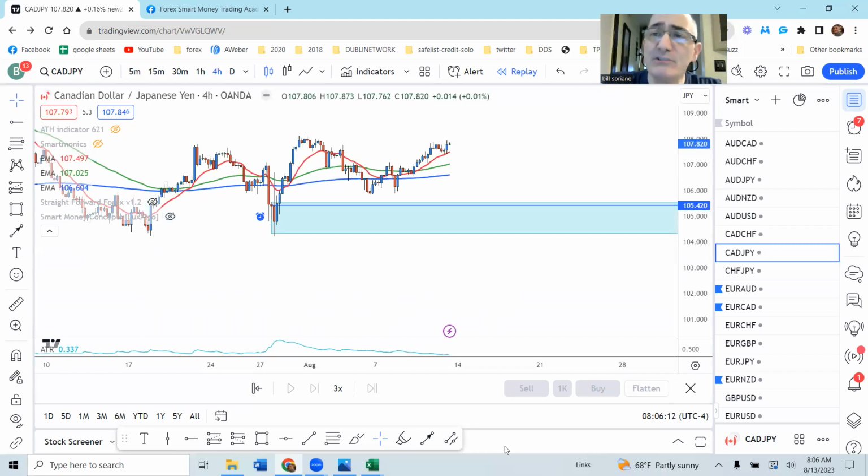Again, with a true smart money concept strategy, you don't really use indicators at all, but we use them just to help beginners to see the trend. That's what the moving averages help you with, and also to mark up the order blocks. But we just take our trades off of price action.